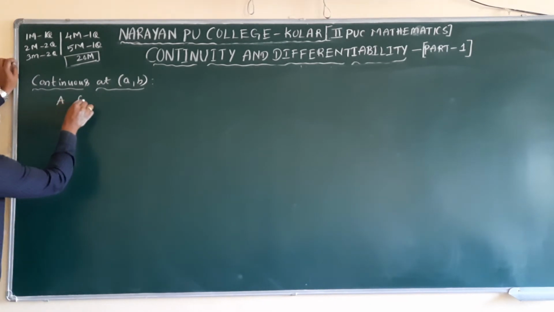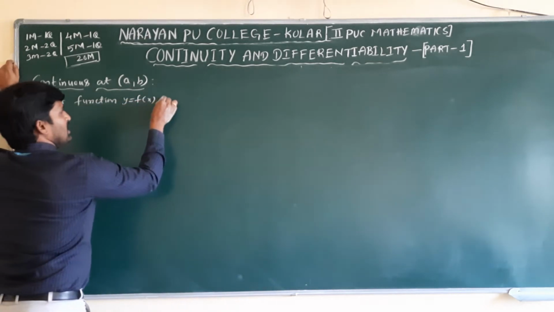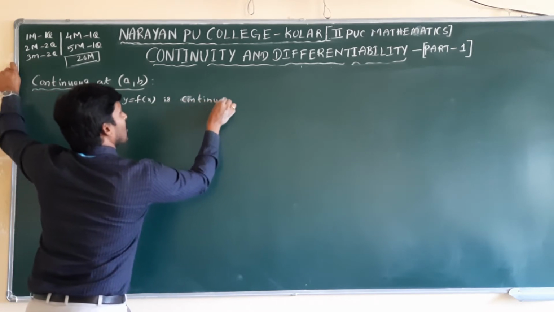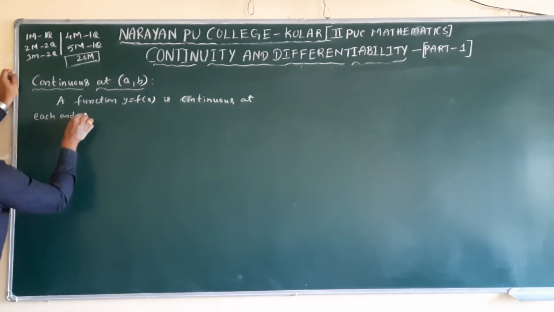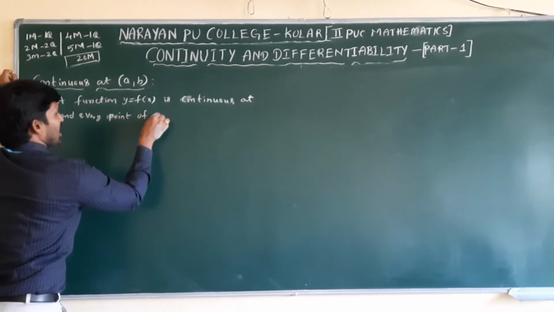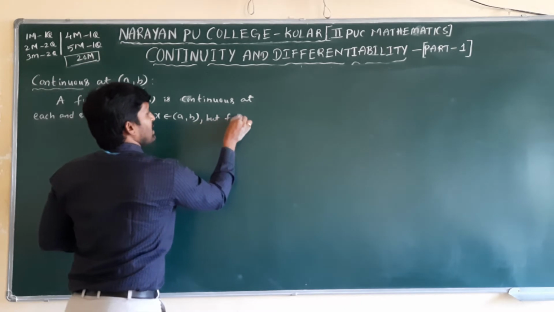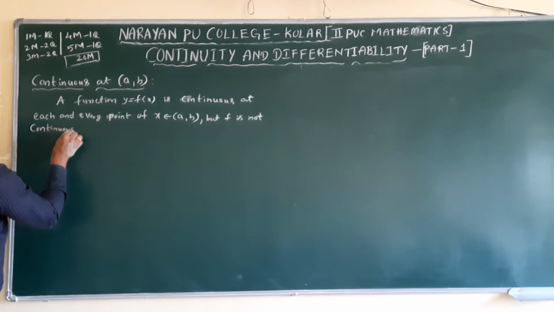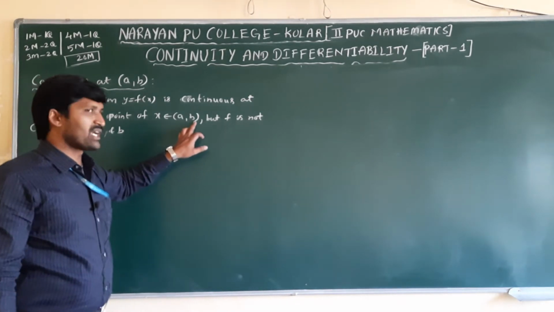Here a function y is equal to f of x is continuous at each and every point x belonging to the open interval a comma b, but f is not continuous at a and b, the extreme points, because an open interval means the extreme points are not included.